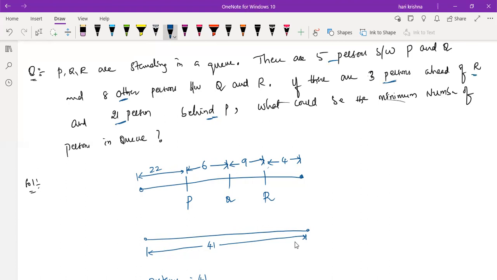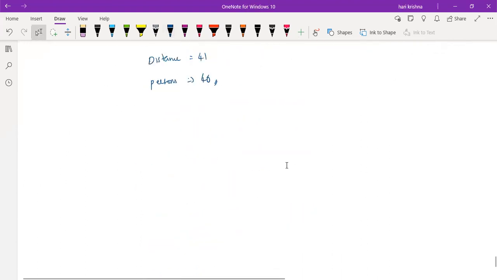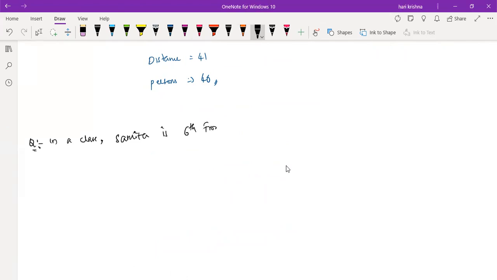Okay, just try this problem. Next one. In a class, Samita is 6 from the top, and Harsha is 18 from bottom.